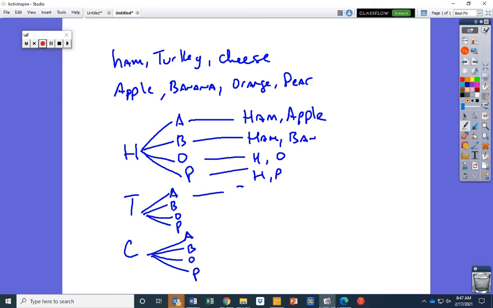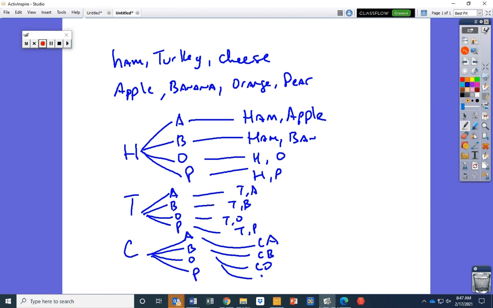And if you chose to abbreviate, each one of these would be a separate outcome, right? Every single one is different. So if I chose, for example, this one, what did I choose?